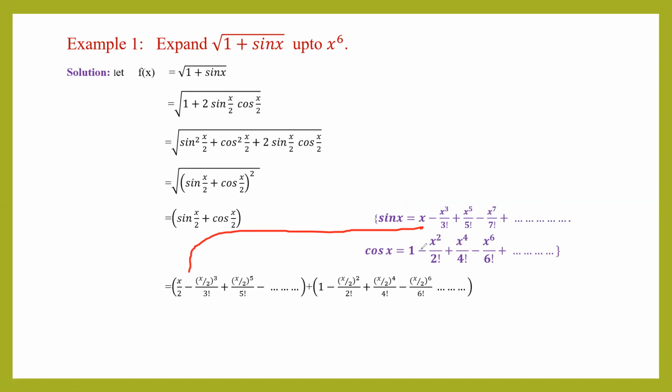Here 1, x upon 2 square, x upon 2 raised to 4, x upon 2 raised to 6 and so on. As we need expansion up to x raised to 6, we'll think about the terms up to x raised to 6 only. Okay, so no need to write the remaining terms. Once we have this expansion, now we'll write this in a simpler form.